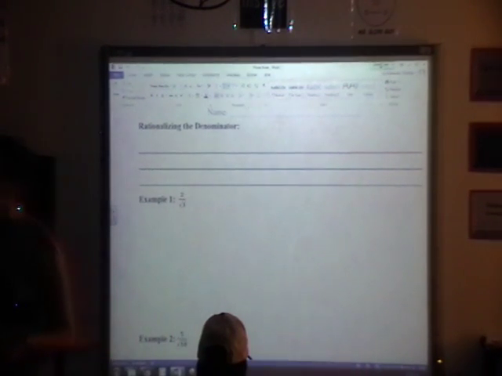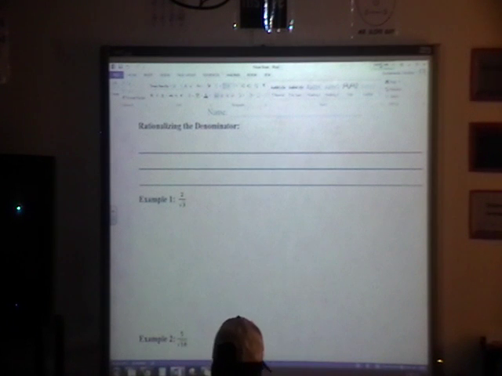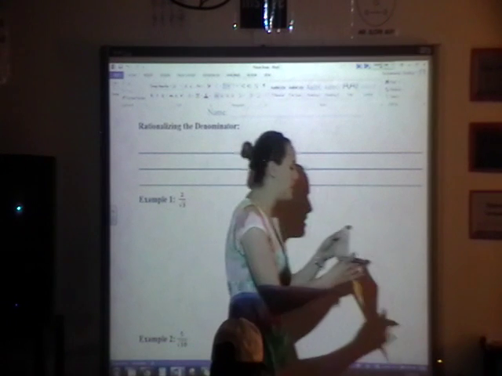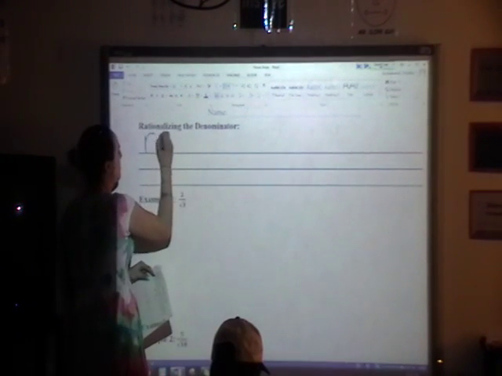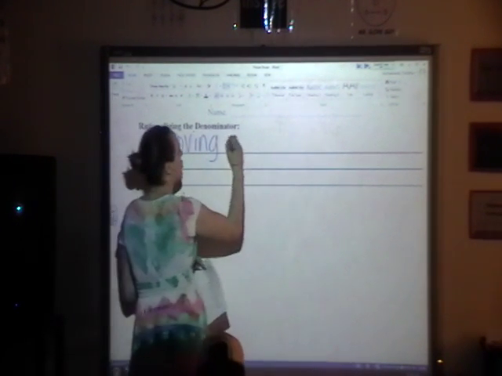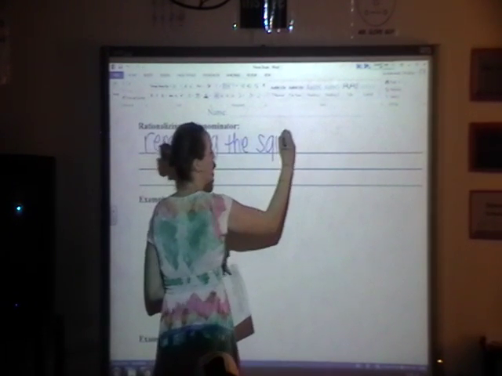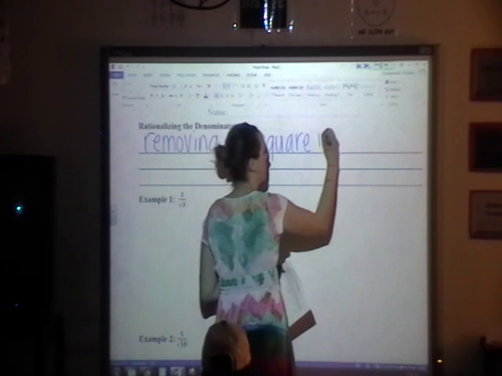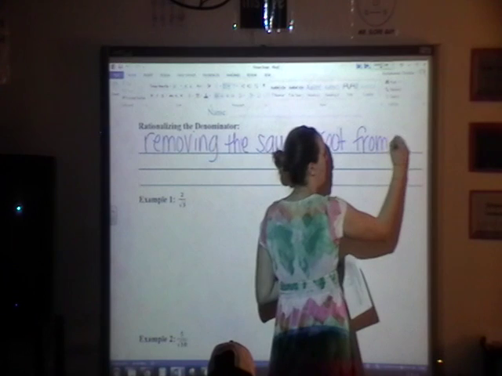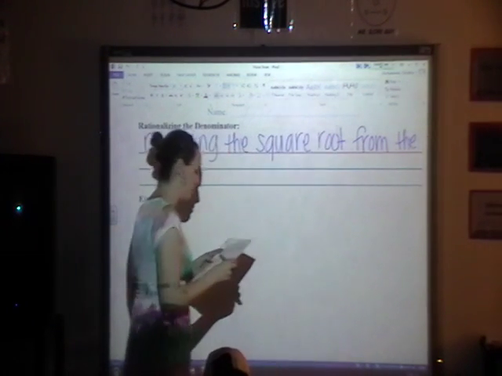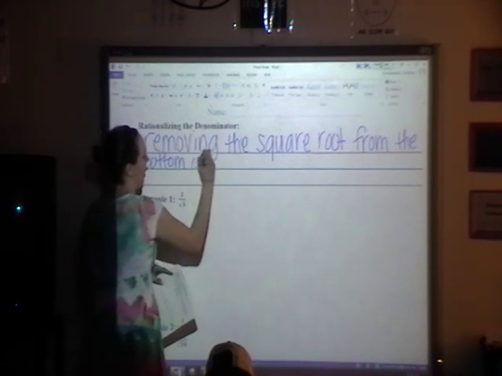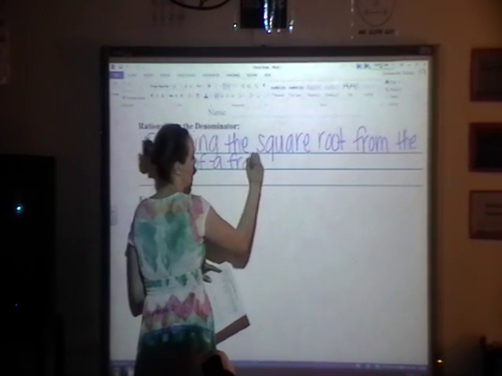What that means is our rule for rationalizing the denominator is you are removing the square root from the bottom of a fraction.